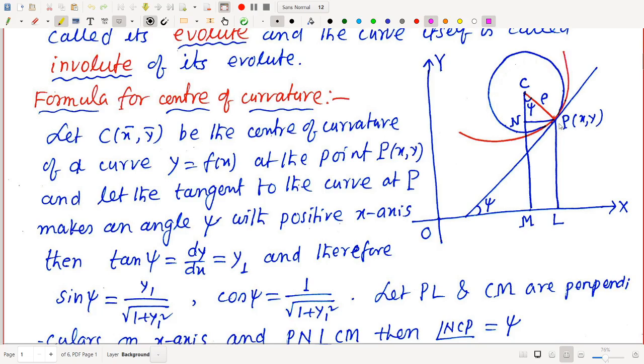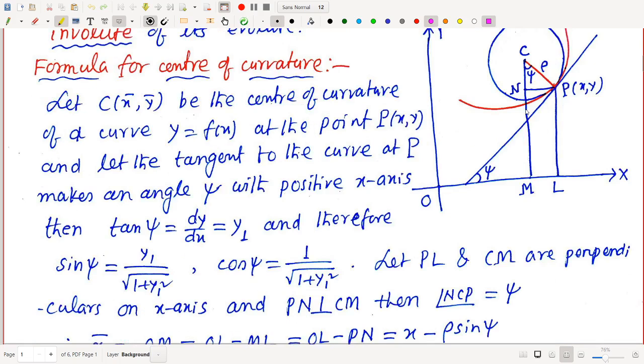Here CP, the radius, is perpendicular to the tangent, and CM is perpendicular to the x-axis. So the angle between the tangent and the x-axis is the angle between CM and CP, that's why it is psi. Or in another way, this is psi, this is also psi, alternate angle. So this angle will be 90 minus psi, this angle is 90 degree, and therefore this angle is again psi.